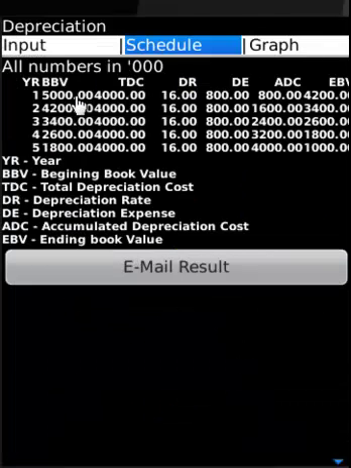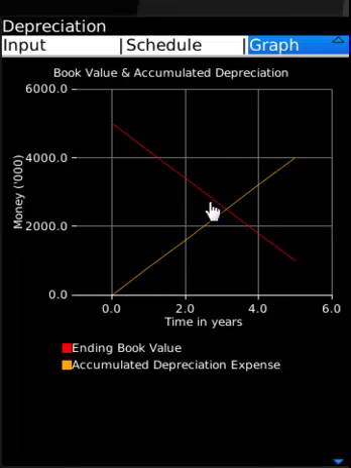So here we see the depreciation schedule. This is year, beginning book value, total depreciation cost, depreciation rate, depreciation expense, accumulated depreciation cost, and ending book value. And these are the various graphs. So we have ending book value, that's falling, and accumulated depreciation expense, that is going up.